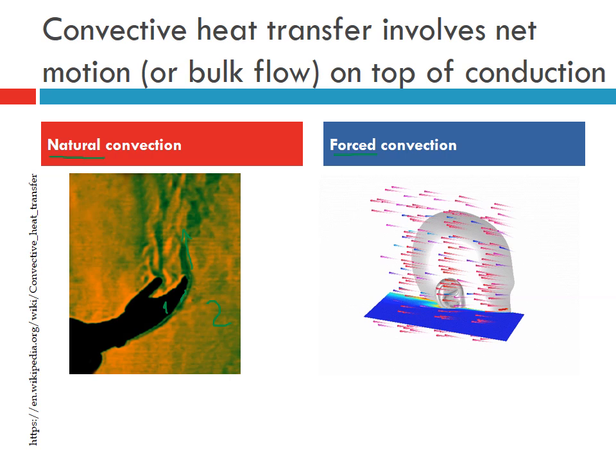So there is going to be a bulk flow that will happen because of this temperature difference and gravity, and so that is happening very naturally. So that's why it's called natural convection.